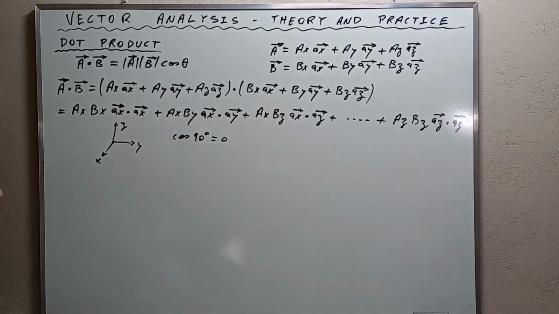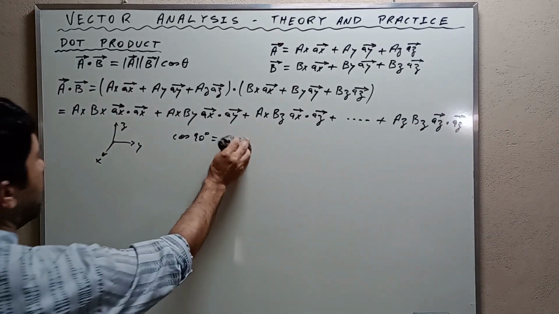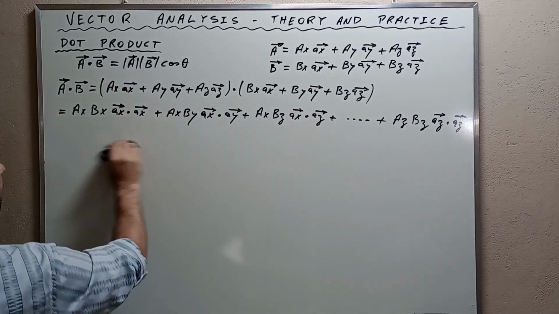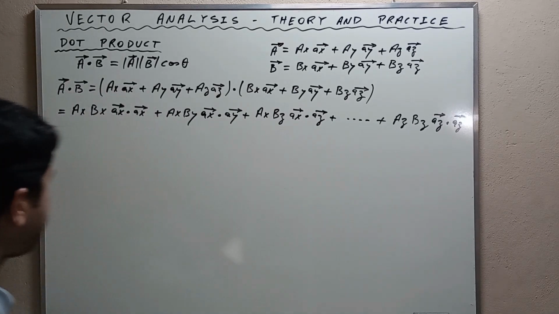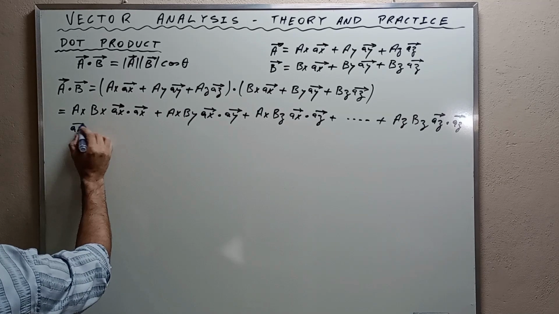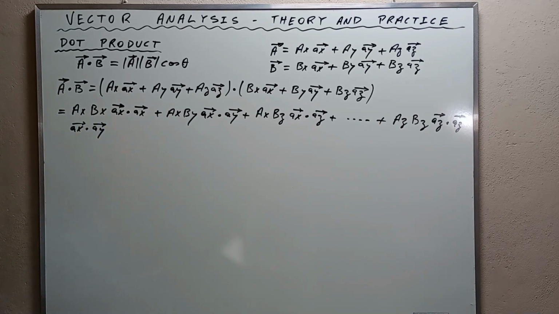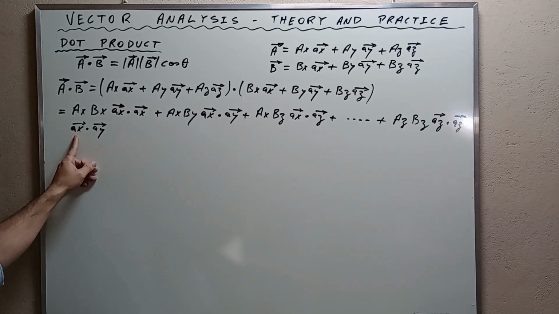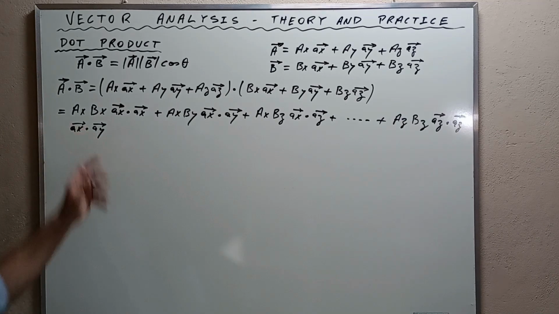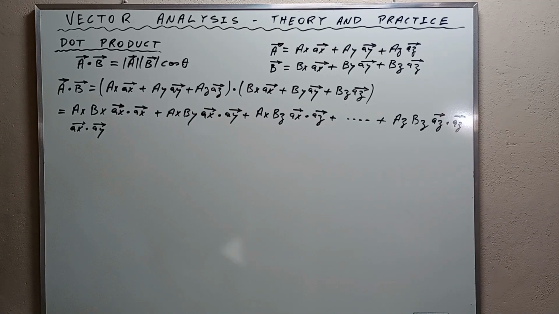Okay? And what do we infer from this? We understand that ax in a dot product with ay is equal to ay in a dot product with ax. If we change the position, it's going to be the same.